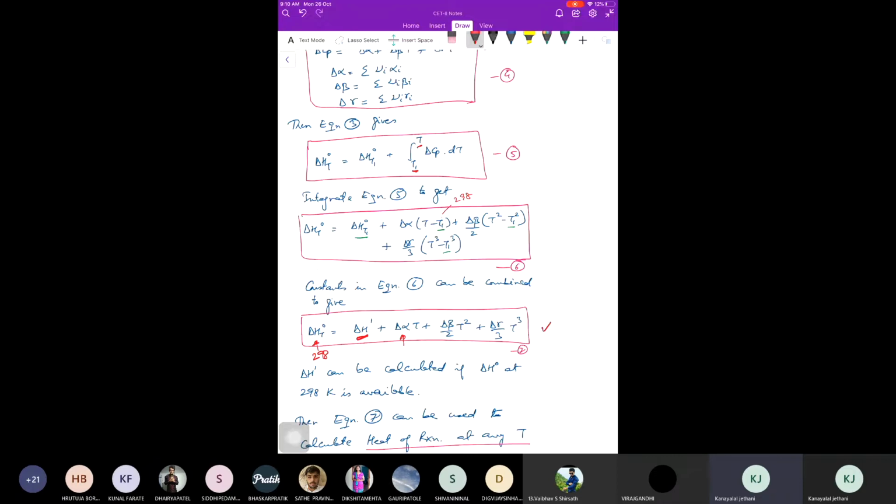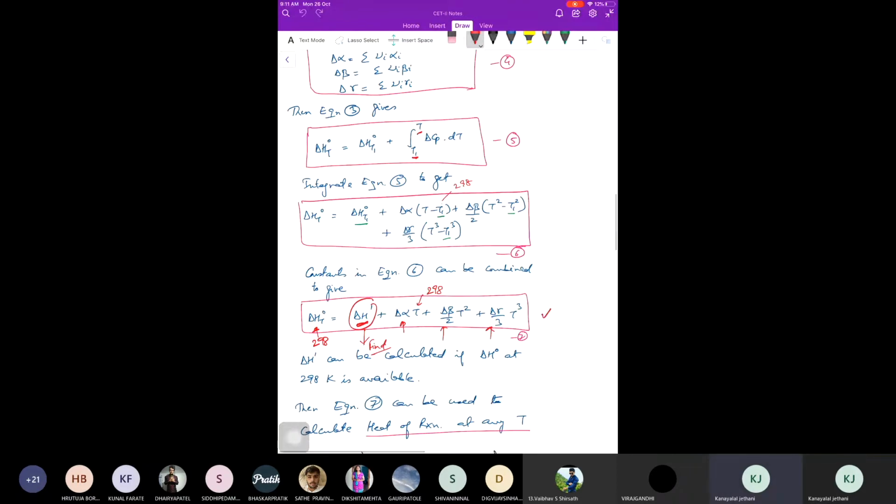Delta S prime can be calculated if delta H0 at 298 is available. So we can calculate delta H0 from tables, and we also know delta alpha, delta beta, delta gamma. We can substitute in this equation and find out the constant. And once we know the constant, we can find out the heat of reaction at any temperature from equation 7.